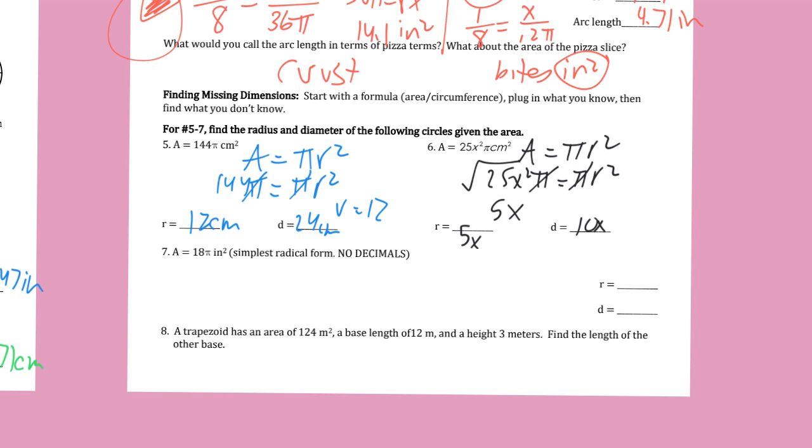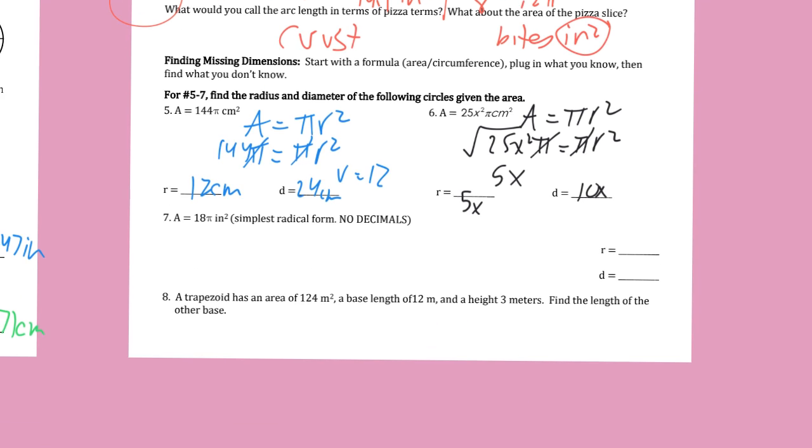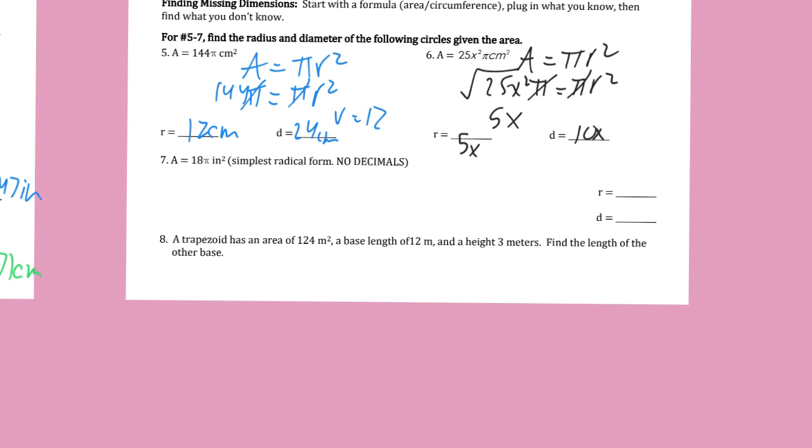Let's peek at the bottom question. We've done that yesterday. If you have a trapezoid with an area of 124, it's a formula. If they give you the height is 3, one of the bases is 12, can you find the other base? So let's solve this.